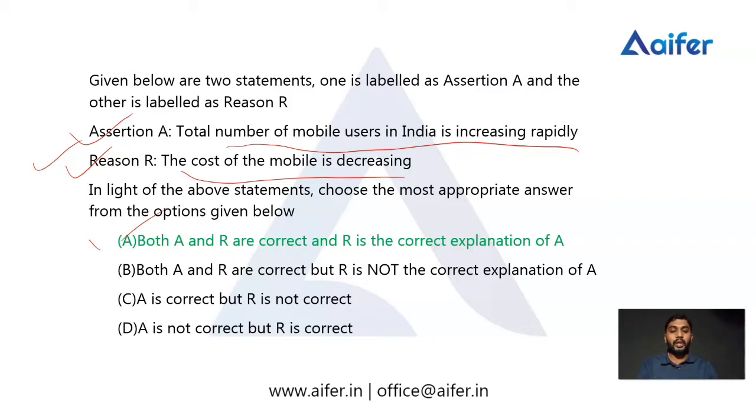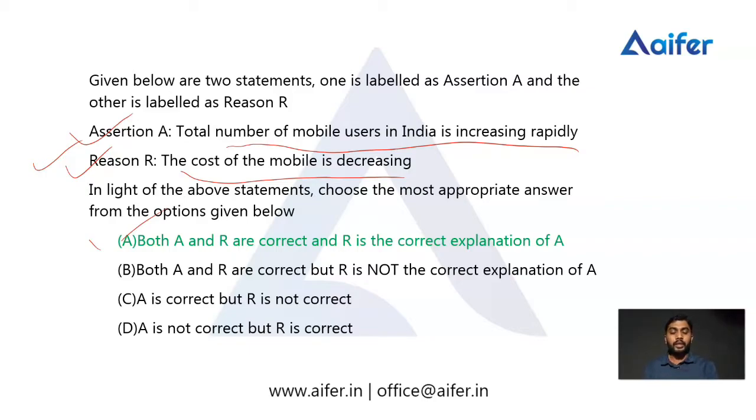When the prices of mobile phones started decreasing, people started buying them continuously. So the reason why mobile usage is increasing in India is that the cost of the mobile phone is decreasing.